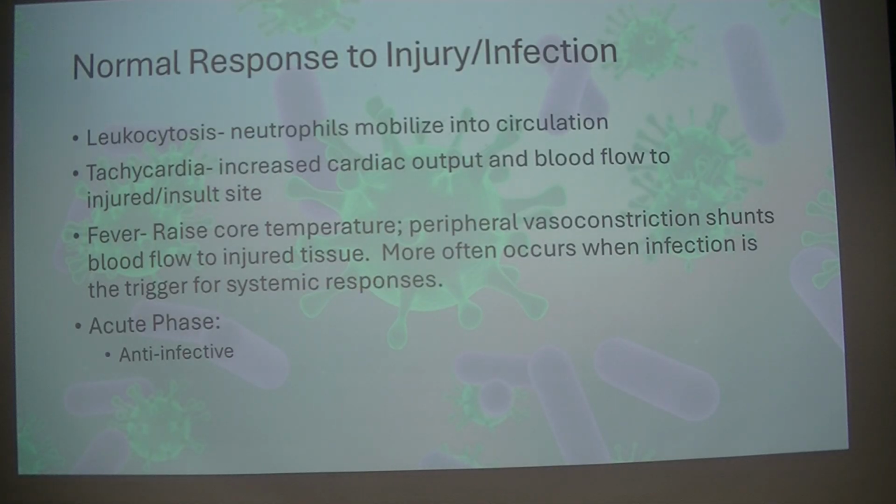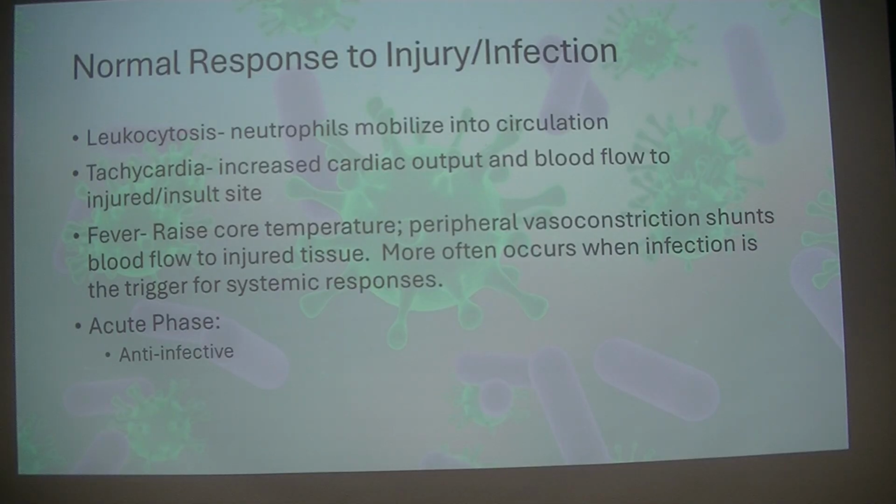So, a normal response to injury and infection, and we're just going to go over the basic premise. Leukocytosis, neutrophils mobilize into the circulation. Tachycardia, so there's increased cardiac output and blood flow to the injured site. Fever, raising the core temperature, peripheral vasoconstriction shunts blood flow to the injured tissue.